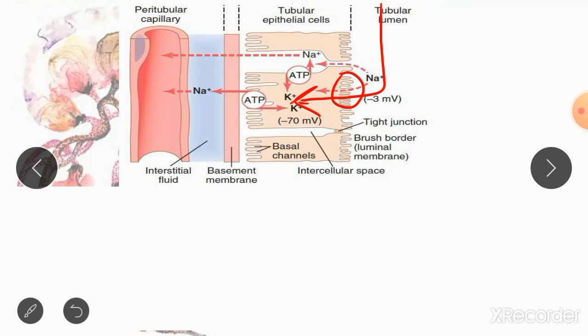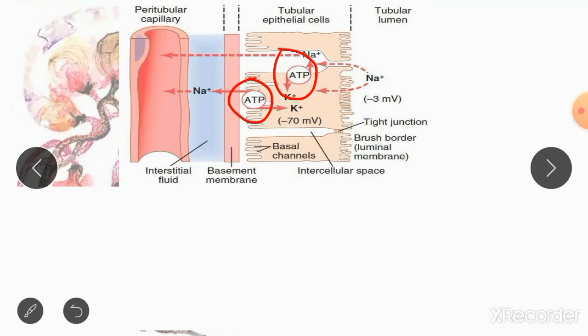But as sodium starts to accumulate in the cell, further transport of sodium from the lumen into the cell will be reduced. तो इस सोडियम ग्रेडियंट को मेंटेन करने के लिए सोडियम को एक्टिवली पंप आउट किया जाता है फ्रॉम द सेल इनटू द इंटरस्टिशियल स्पेस विद द हेल्प ऑफ सोडियम पोटेशियम ATPase pump which is present at the basal and lateral surfaces.